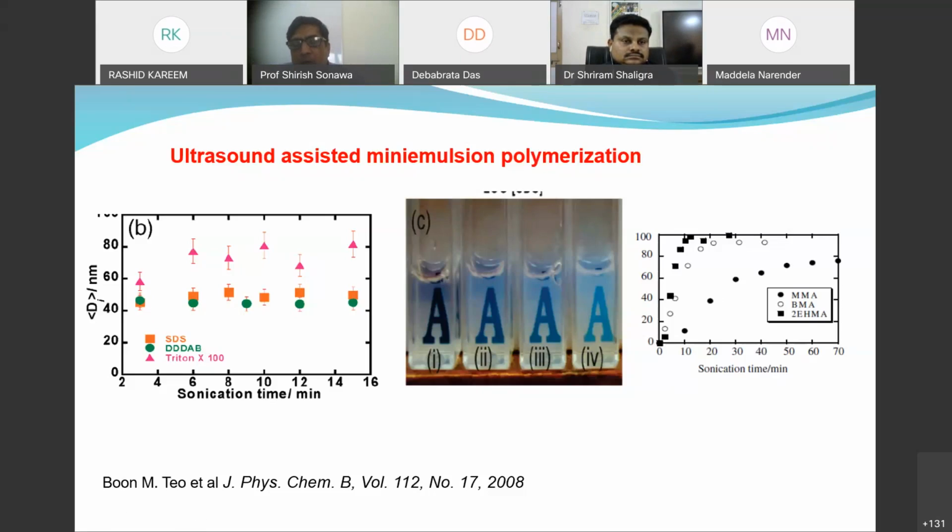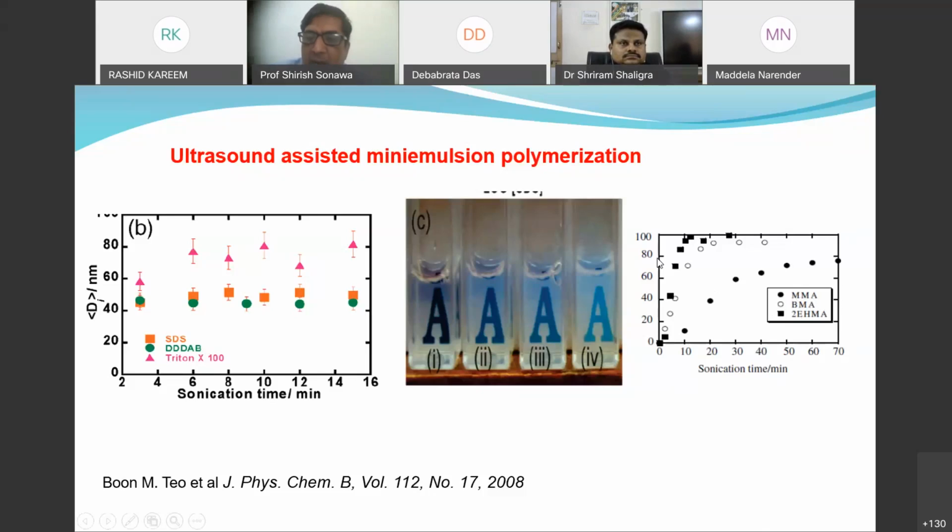Because of that, what is going to happen? The monomer won't be so close to the cavity, and it will always remain in the water phase. And as it is hydrophilic in nature, overall conversion is always lower when the hydrophilic monomer is there. As the monomer is more hydrophobic in nature, you will find more conversion.